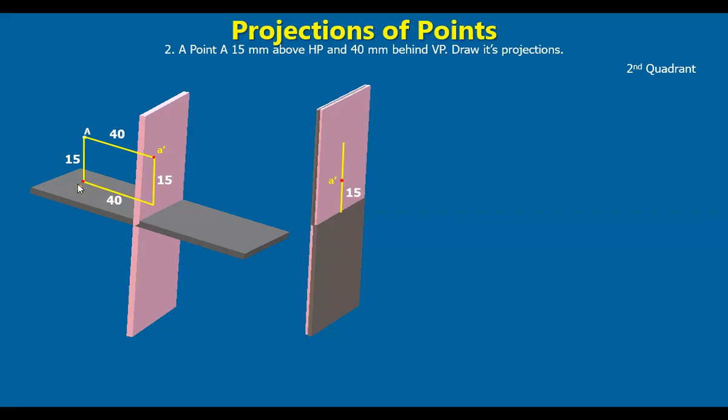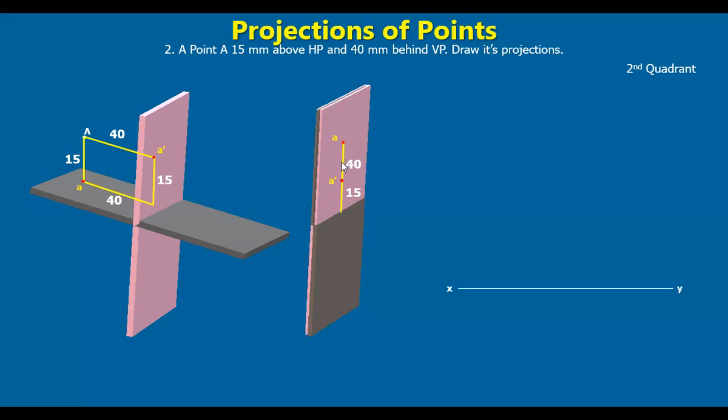Now, if you see the top view, that is A, it is at a distance of 40 mm from the reference line. Here it is, okay, at a distance of 40 mm. And because you are rotating the horizontal plane like this, it comes onto the top. So when you rotated, this top view also has come above the reference line, right? And this is called the A, top view. So this distance from here to here, this is 40 mm.